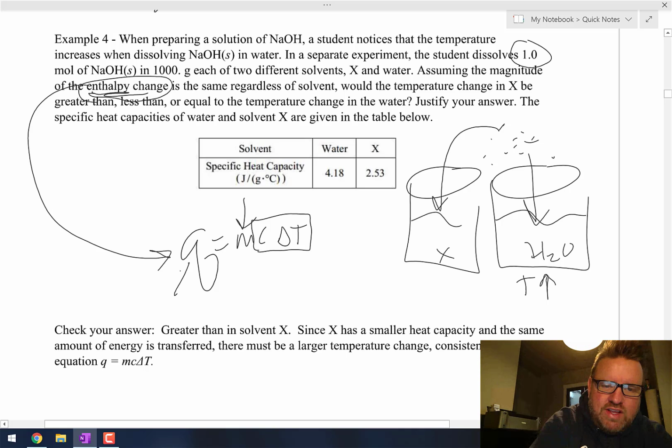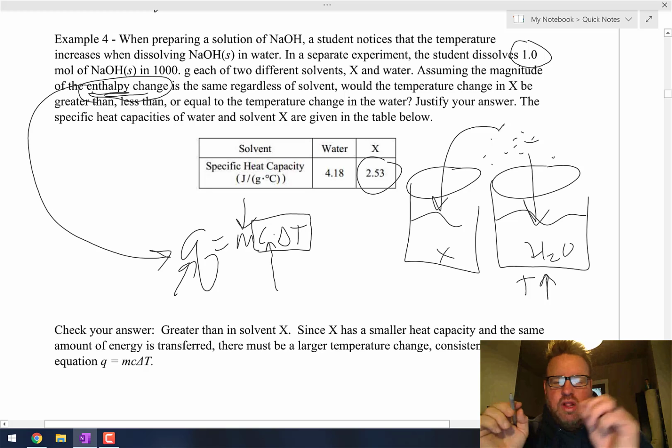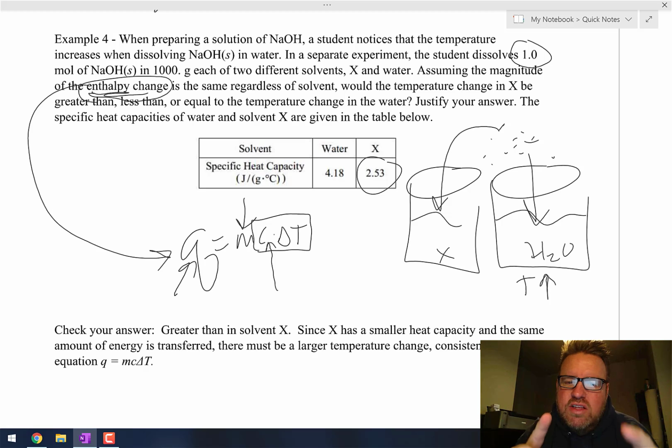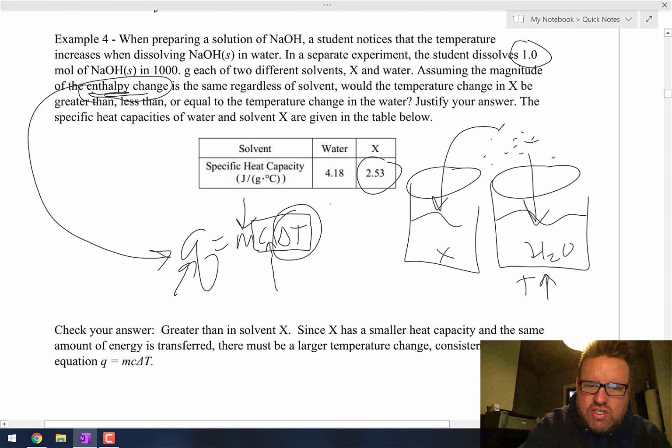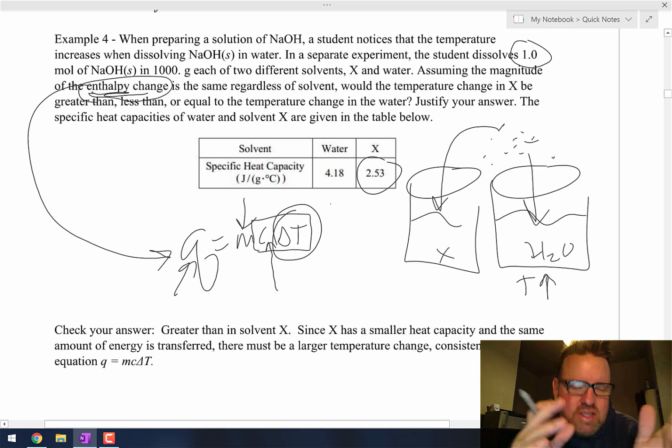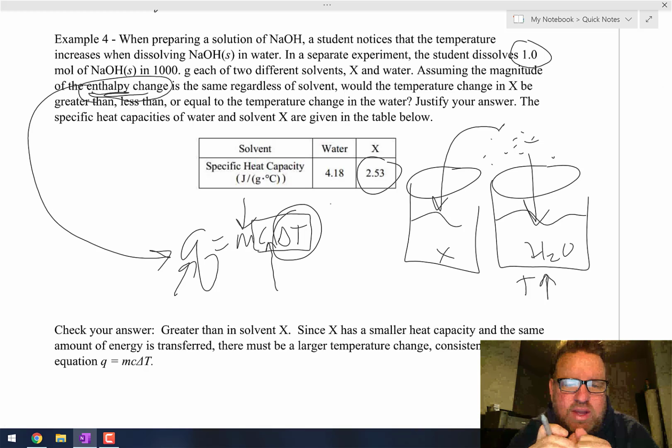If X has the lower specific heat, just like iron and water, iron has the lower specific heat, so its temperature change is greater. Water, with its higher specific heat, is not going to have as great a temperature change.